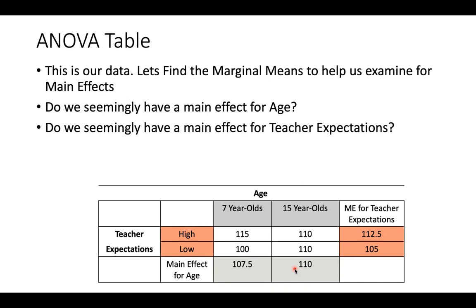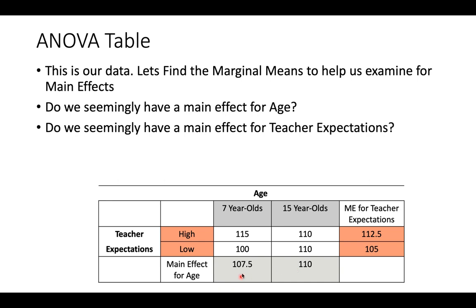IQs typical in the population range anywhere from, on the low end, 70 or 80, which we would consider low IQ. On the high end, 130, 140 is high IQ. So we have a fairly large range of scores here. We're not talking about a 1 to 10 scale. We're talking about a scale that goes from the high 60s to the low 100s.